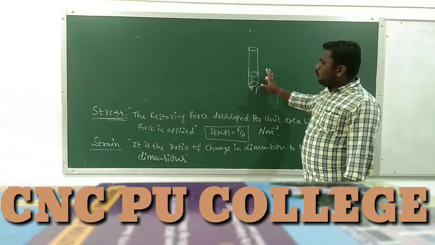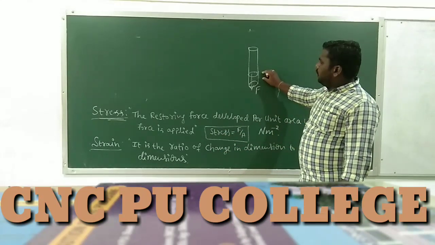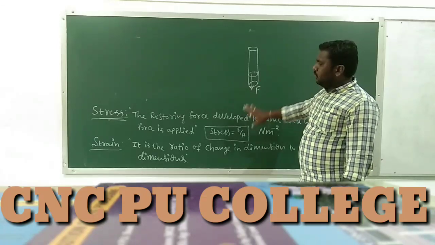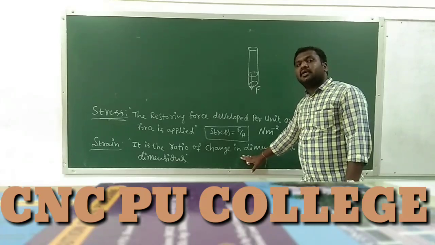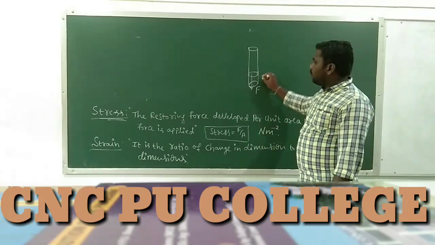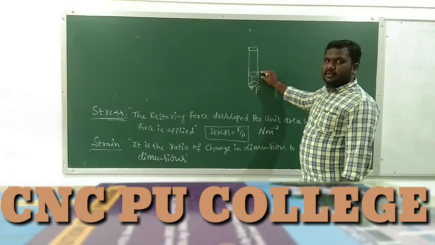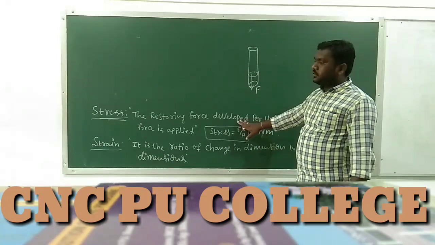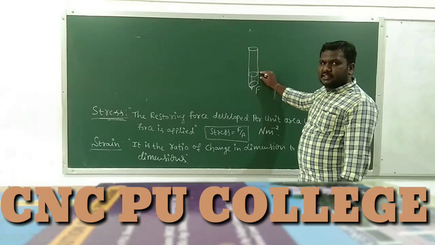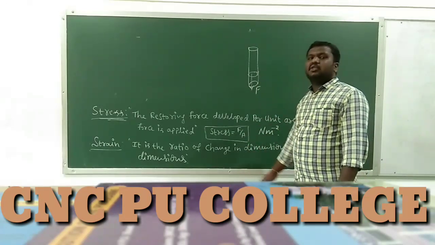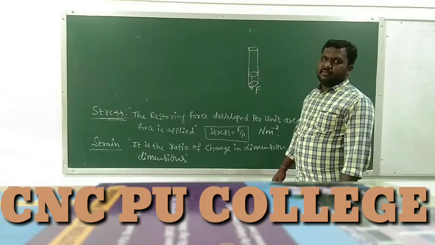Then we conclude that if deforming force is more, stress becomes more and strain also becomes more. If deforming force is less, restoring force per unit area, stress, becomes less and elongation is also less. That means the strain also becomes less.